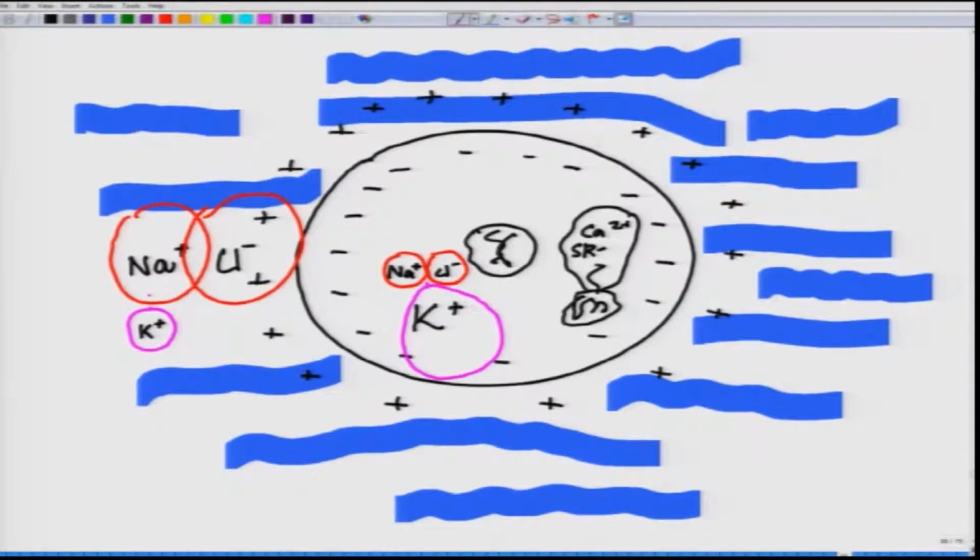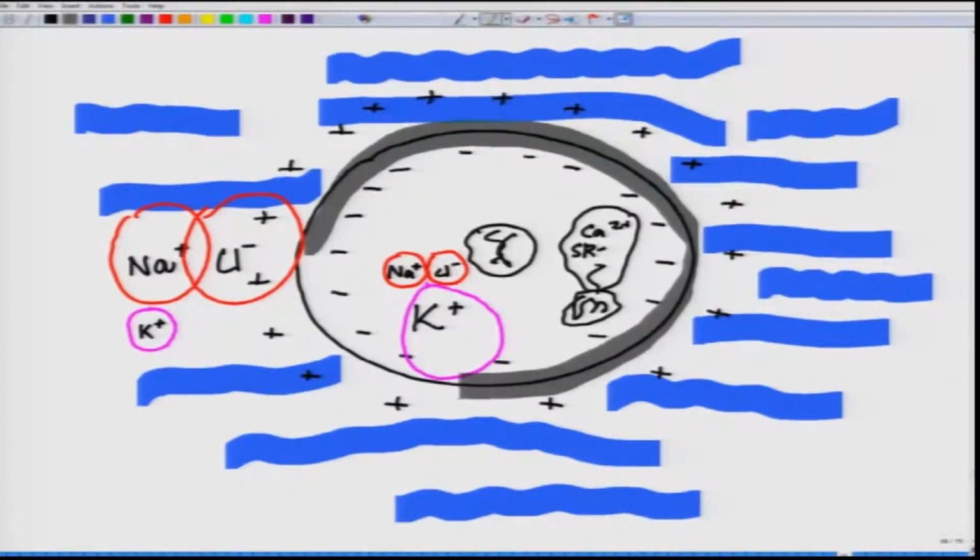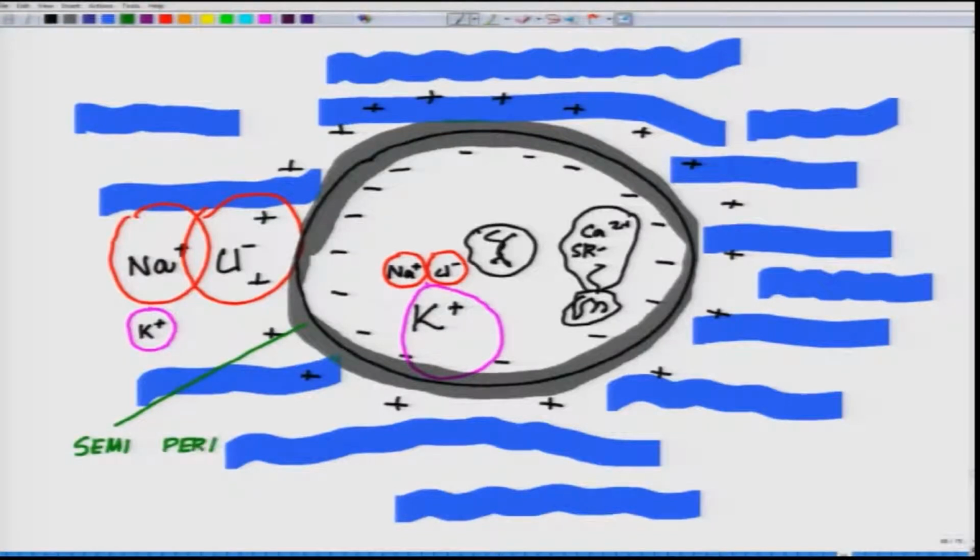Now, the third aspect that is important to appreciate is the cell membrane we are talking about, a semipermeable porous membrane.